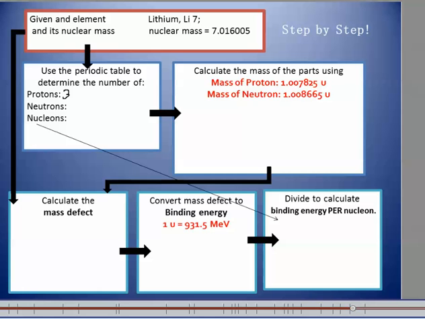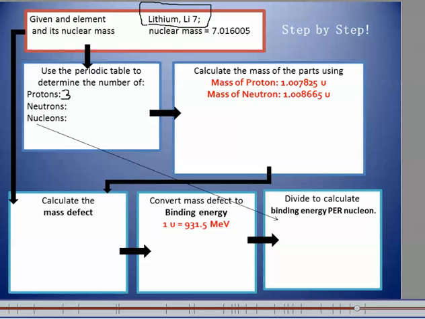Now when they give you an element, they're going to tell you a number, and that number is a particular one too, and it's an important one because it could vary. This happens to be lithium 7. What does that 7 mean? Right, 7 nucleons.